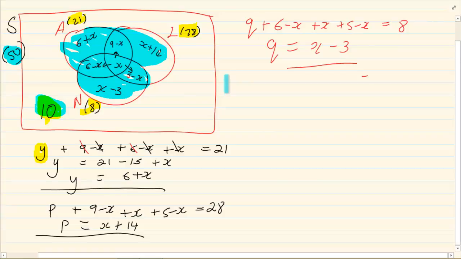So let's write it down. We have 6 plus x. So I've taken that one, plus 9 minus x.